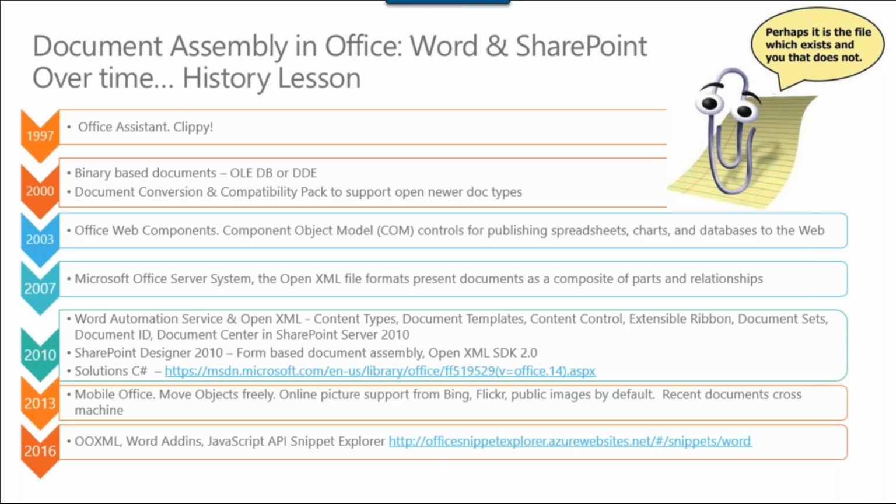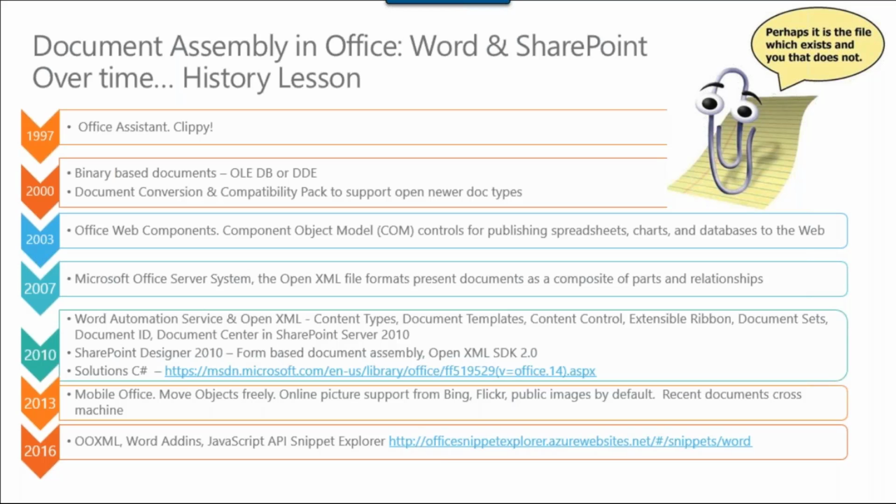But one of the things Microsoft did was people were starting to stick viruses in the documents. They were these binary-based documents, and if you're going to try and do any kind of document assembly, you were doing it through OLEDB or the DDE, and they basically had this with the newer file type, which came out a little bit later.